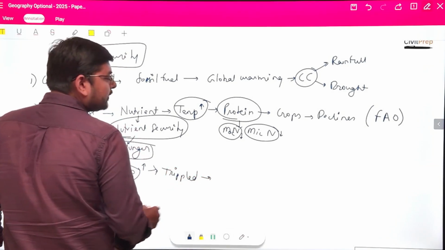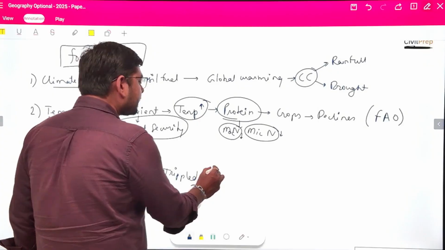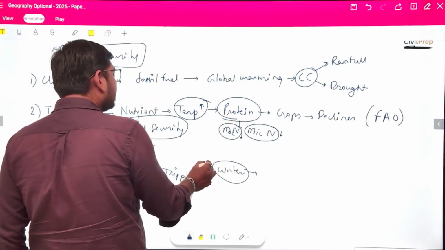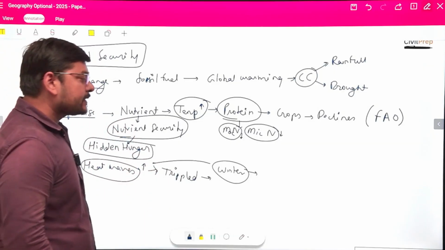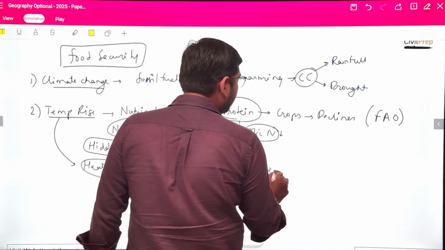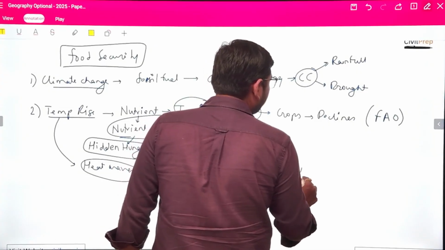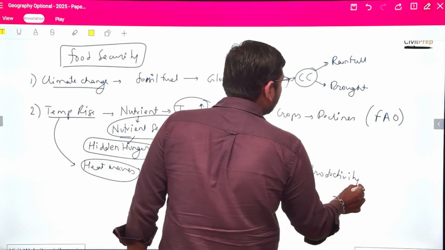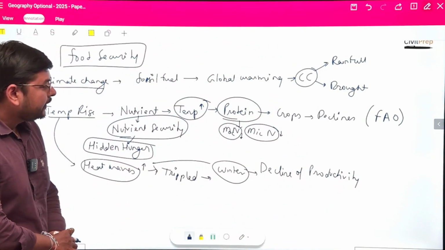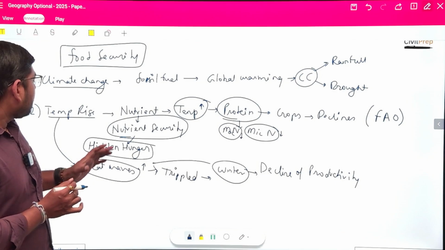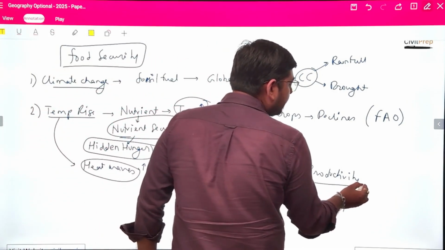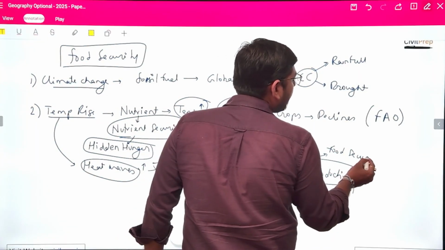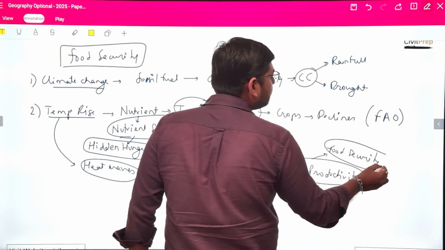Because of this, various crops of the winter season are facing heat waves, and this is resulting in the decline of productivity. Thus, because of this issue, food security is basically being affected.